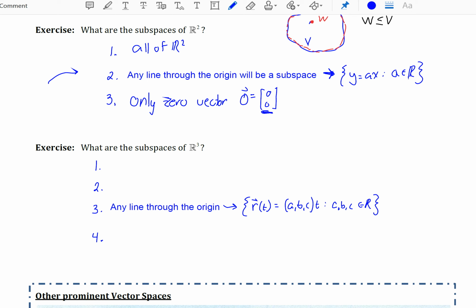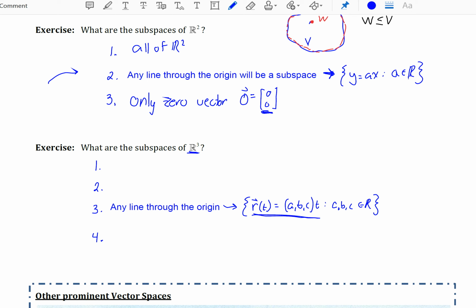This is one version of what a line in 3 space might look like if you write it as a vector equation. Knowing this is not required, but I'm adding this just for those of you that have taken Calc 3. If you're talking about a line through the origin in 3 space, then you're talking about things that look like this.